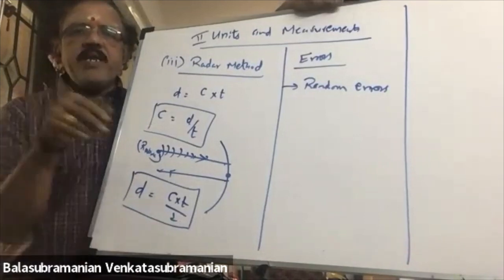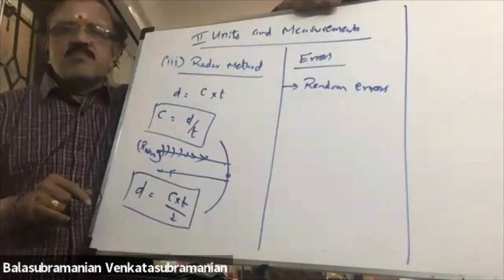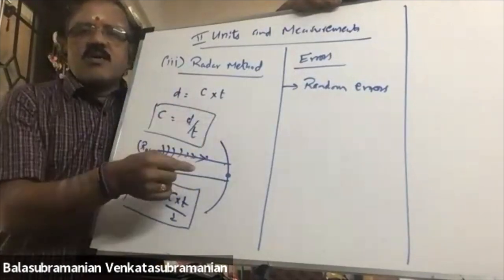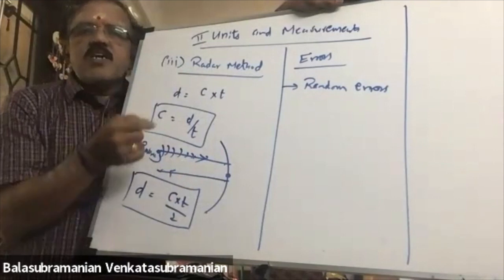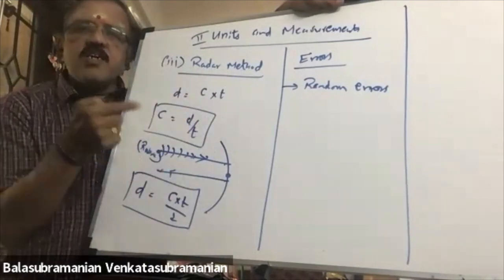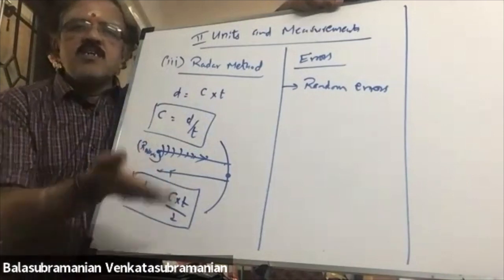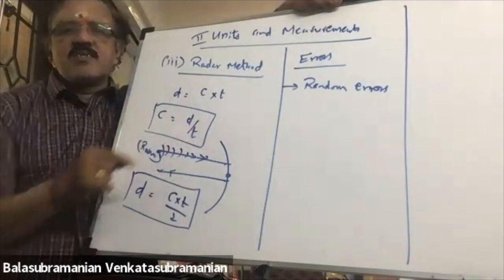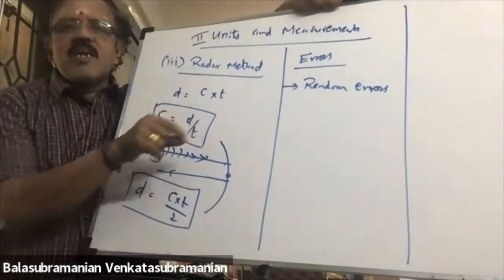Then why are you repeating another trial? One oscillation is enough, no? Time taken for one oscillation only you are calculating. Why are you going for 10 oscillations? For that you are taking a second trial, averaging the distances. Why? To avoid random error, to minimize this random error.